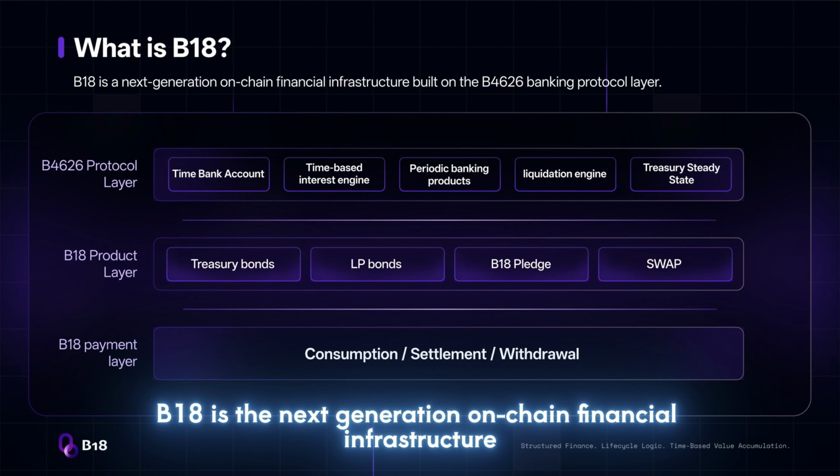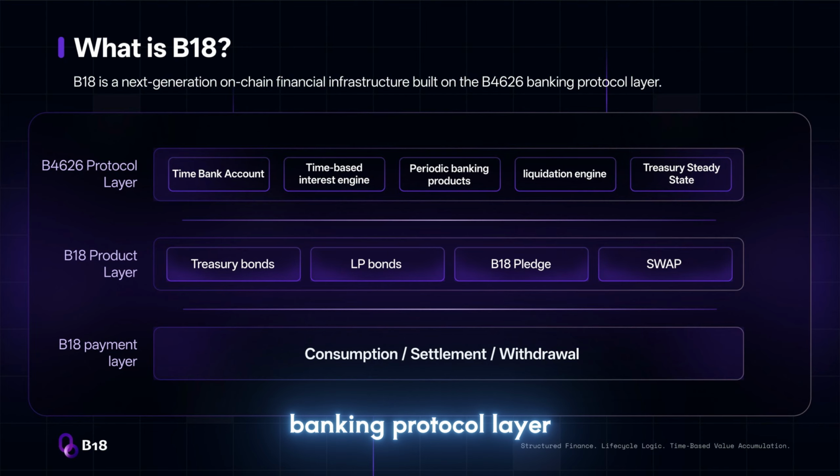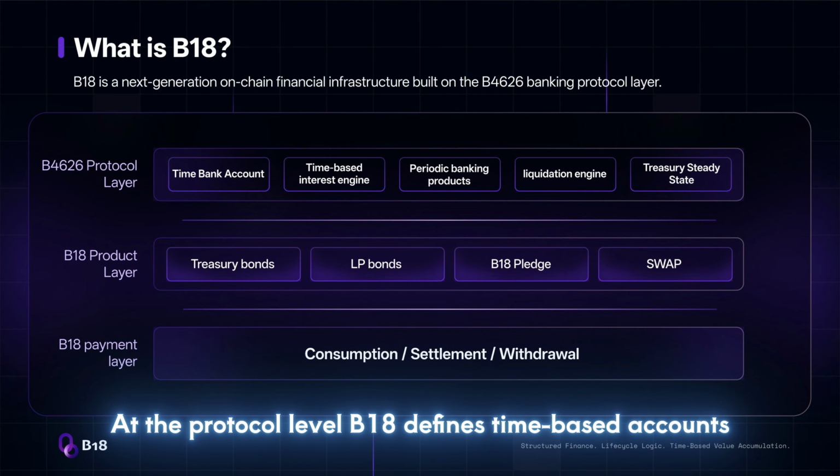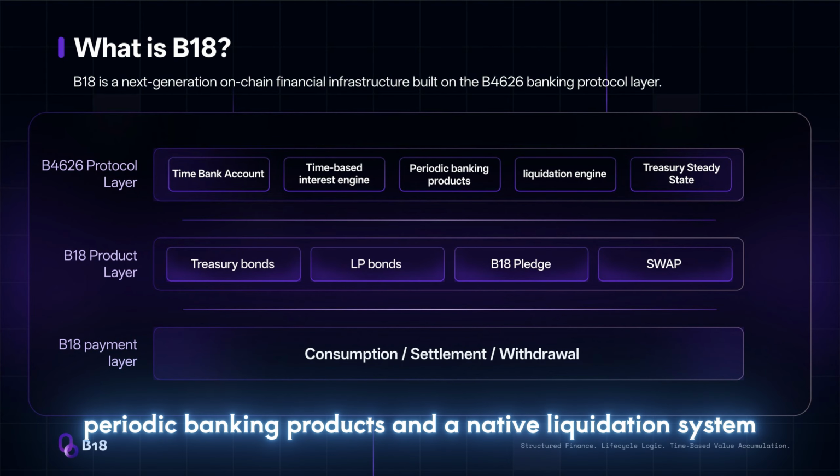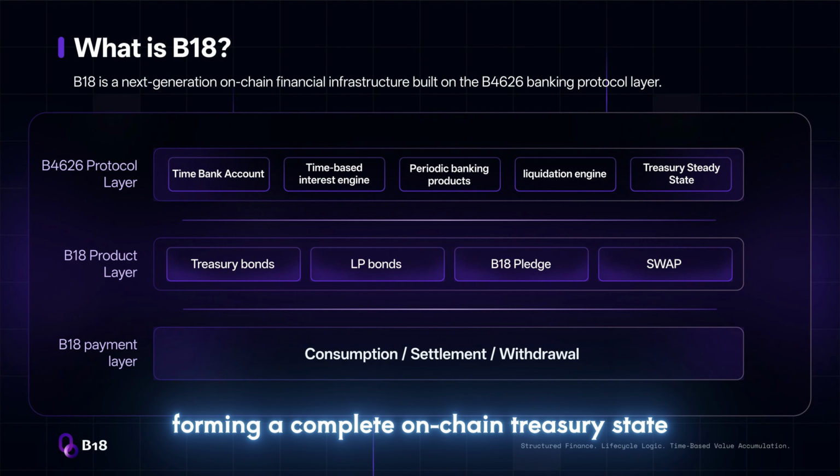B18 is a next-generation on-chain financial infrastructure built on the B4626 banking protocol layer. At the protocol level, B18 defines time-based accounts, interest engines, periodic banking products, and the native liquidation system, forming a complete on-chain treasury state.